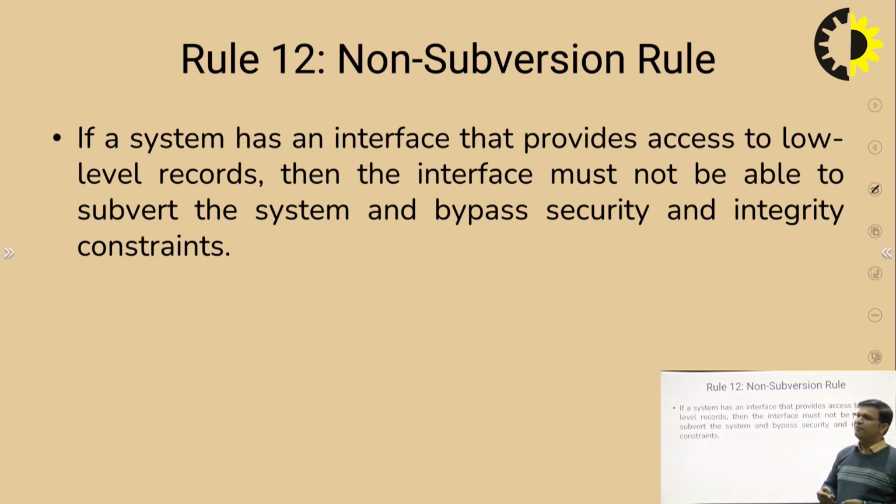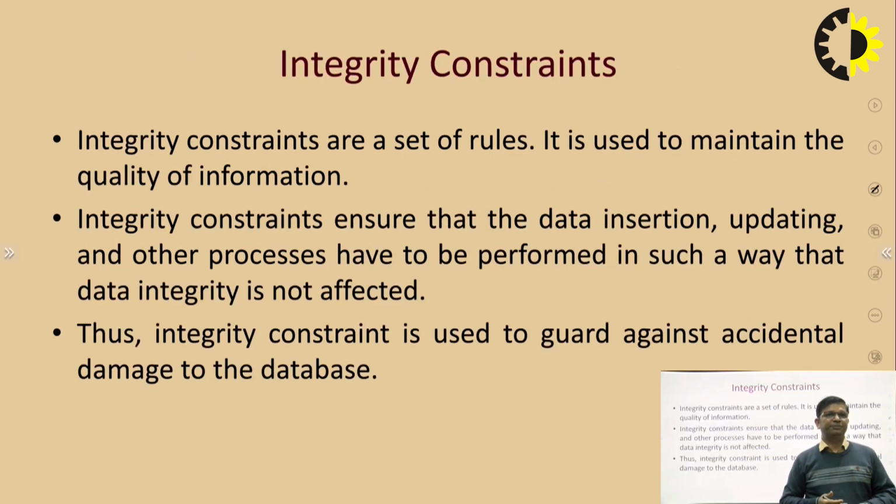For example, if I am the user and I want to access the low-level records, it must ask for the password, it must ask for verification, because the integrity constraints say that this particular record can be accessed by this person, and that record by that one. So if you want to access a particular record for which authorization is not given, you need to take the authorization of that particular database.